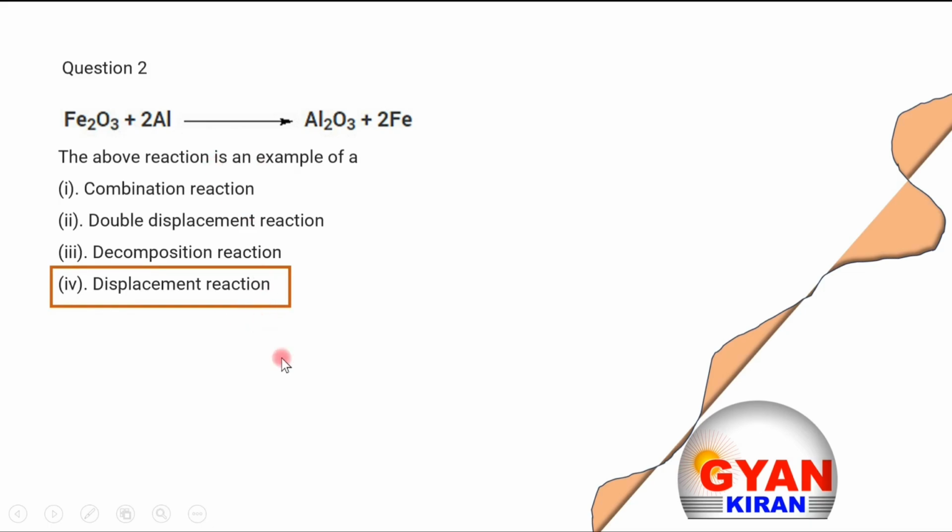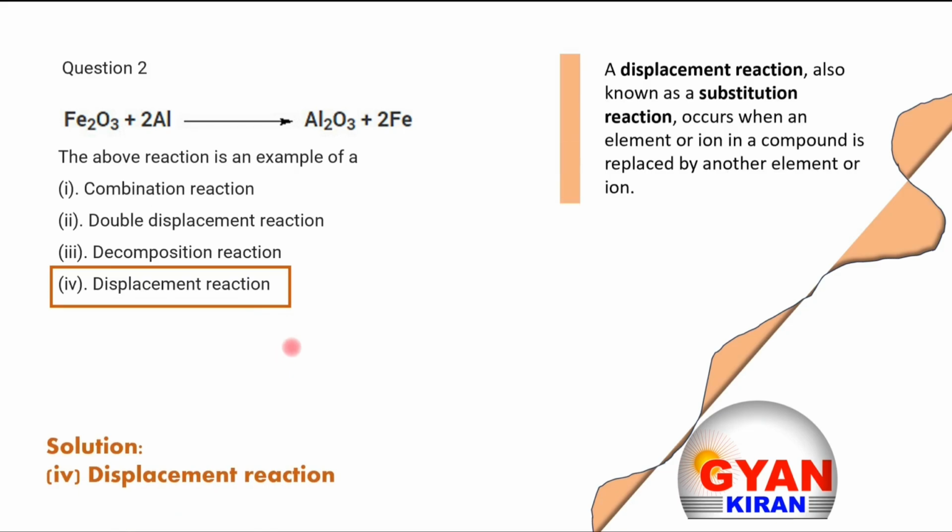How is it a displacement reaction? Let us understand. In case of a displacement reaction, what happens is an element or ion in a compound is replaced by another element or ion. So here in this reaction, an element or ion is replaced by another ion or element, and hence it is considered a displacement reaction, because in this chemical reaction the iron is displaced from the compound ferric oxide.